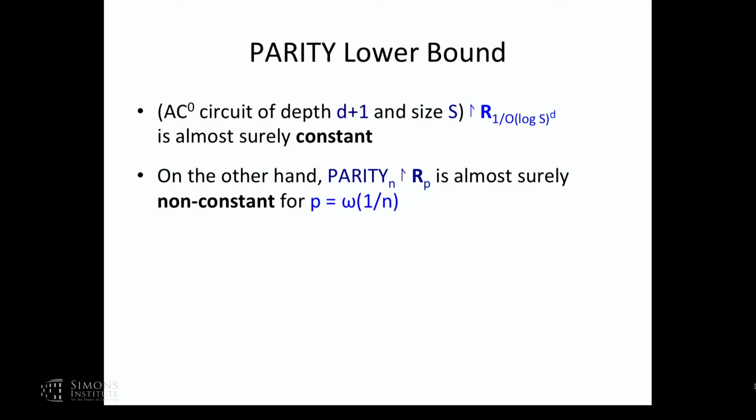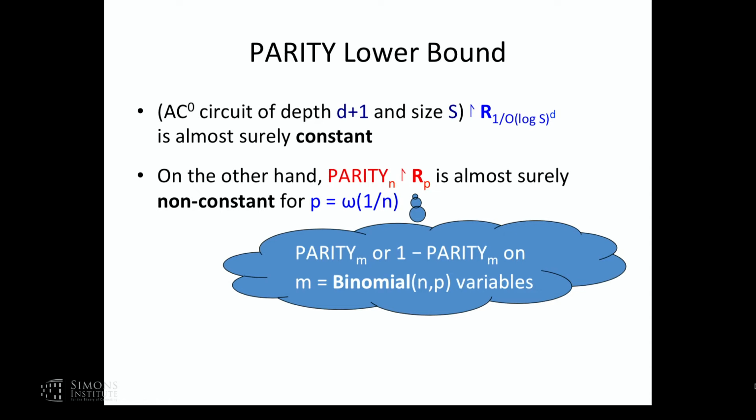On the other hand, the n-variable parity function under some R_p, for any p, is almost surely non-constant when p is much larger than 1 over n. To see why that is, note that what is the function we get here? Well, this will be either parity or the negation of the parity function on binomial(n, p) many variables.